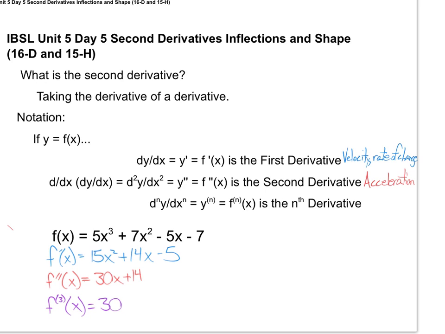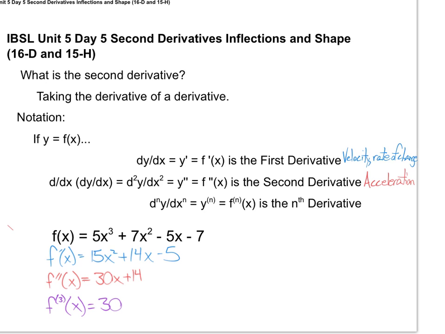Now, that's thinking about it in terms of motion. In terms of the graph, our derivative determined whether we were increasing or decreasing. The second derivative is going to determine what we call concavity. And we'll define that more next time we meet. All right, but we have concavity.